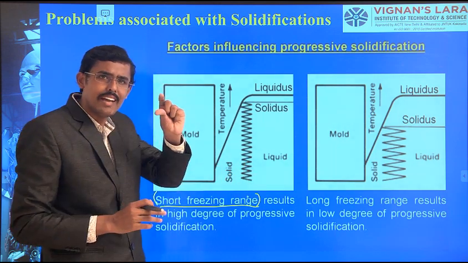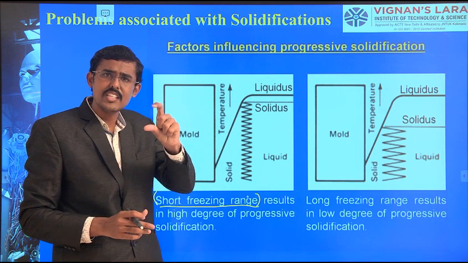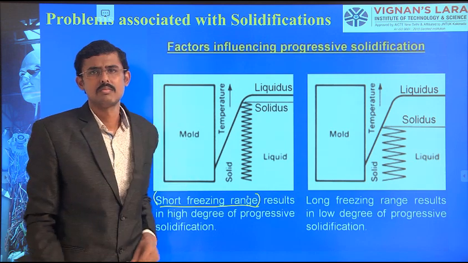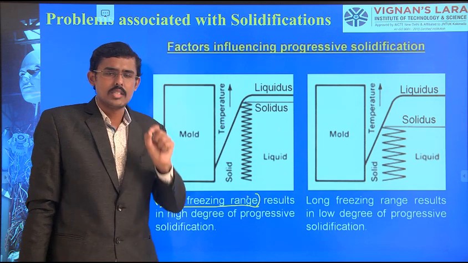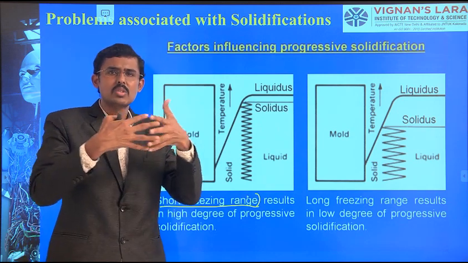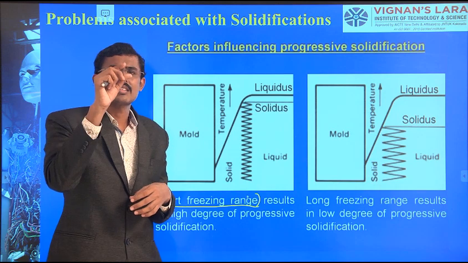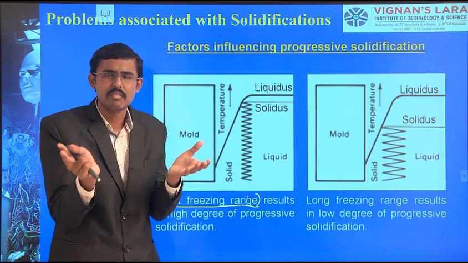So the freezing range between these two is very small. One material melts at 660, one melts at 640. When I combine these two, the alloy system has a melting range around 650.